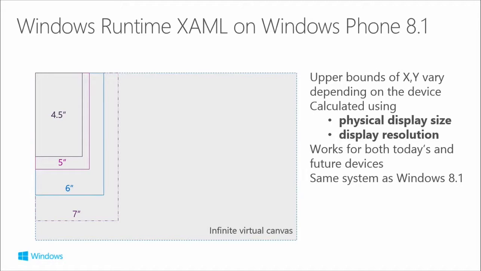Instead, we have a screen of unknown size. It has upper bounds of X, Y, and the maximum values depend on the device in question and its display resolution. So we've got this sort of infinite virtual canvas on which we are laying out all of our XAML elements.